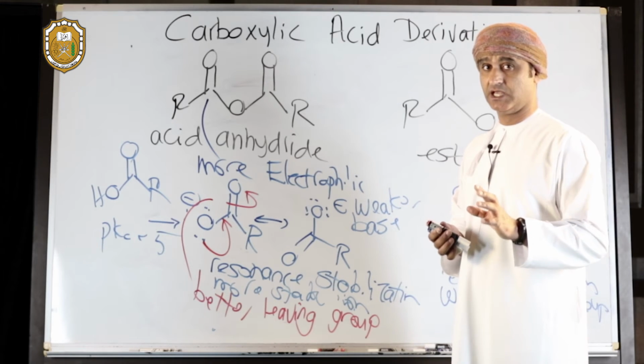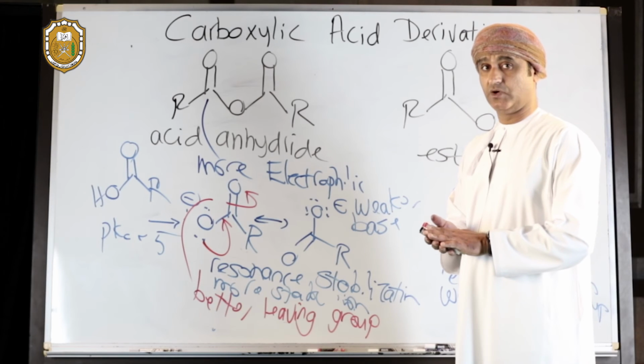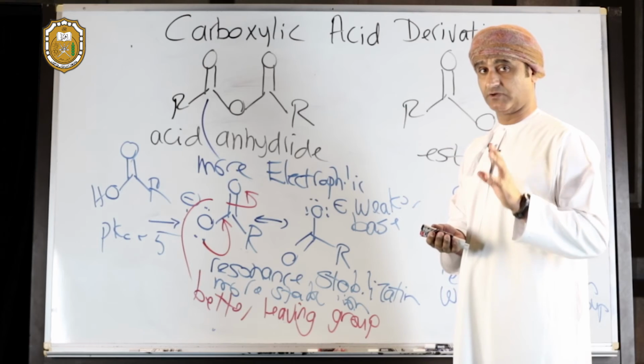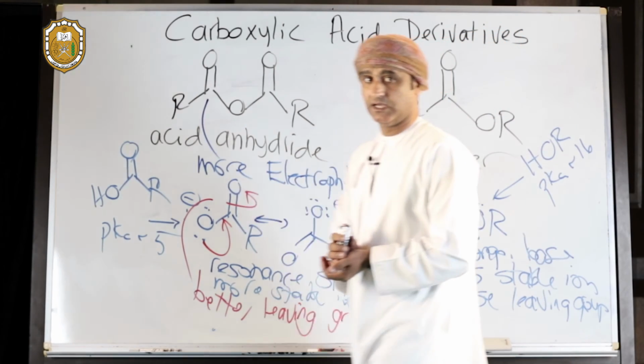Of course, carboxylic acids are more acidic than alcohols. That's because their conjugate bases are stabilized by resonance, a phenomenon that is not present in the case of alkoxides.